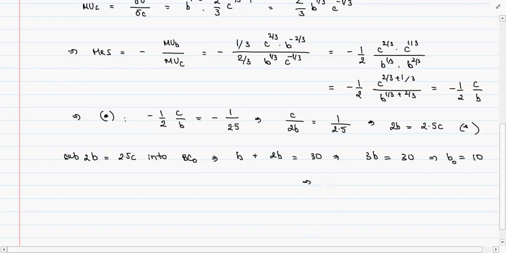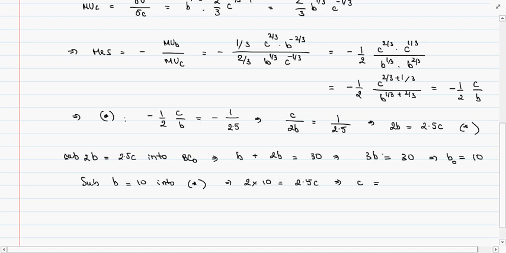Okay, so if I substitute B equal to 10 into the star equation, then I will get 2 times 10 equal to 2.5 times C, so therefore C is going to be equal to 20 divided by 2.5.